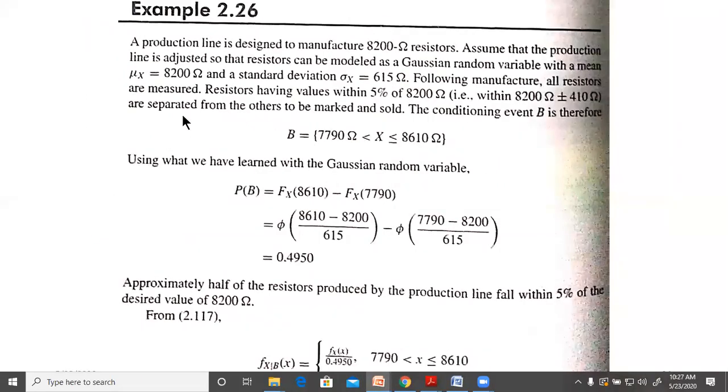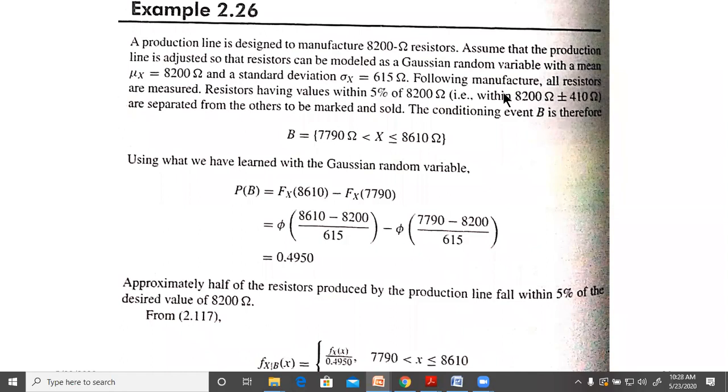Let us take an example here. A production line is designed to manufacture resistors with the value 8,200 ohms. Assume that the production line is adjusted so that the resistors can be modeled as a Gaussian random variable with mean equal to this value itself and standard deviation equal to 650.